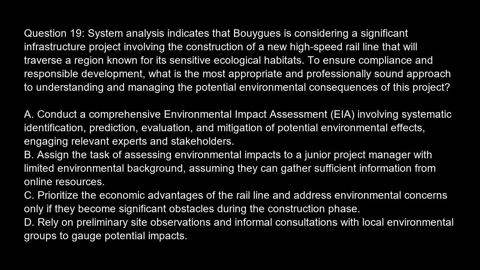Option C. Prioritize the economic advantages of the rail line and address environmental concerns only if they become significant obstacles during the construction phase. Option D. Rely on preliminary site observations and informal consultations with local environmental groups to gauge potential impacts.